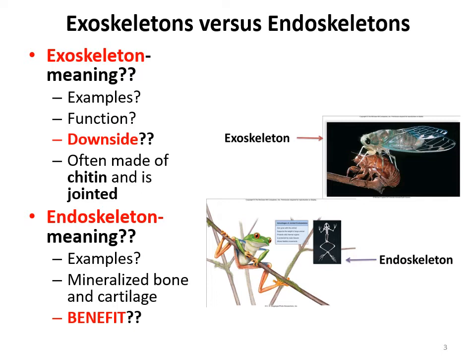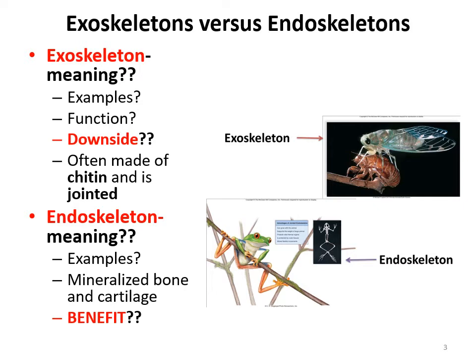You find this with creatures such as mollusks and arthropods. So any of those crispy, crunchy insects that you encounter outside, they all have exoskeletons. Now, the benefit of having an external skeleton is it provides their body protection from environmental factors.